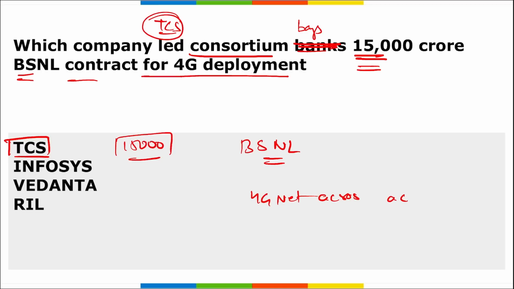The Center for Development of Telematics and Central PSU Limited. Here, remember, this Tejas Networks and Tata Group's domestic gear company will supply and service RAN equipments for the same. Correct? So it is your TCS led consortium that bagged a 15,000 crore order from BSNL for 4G deployment.